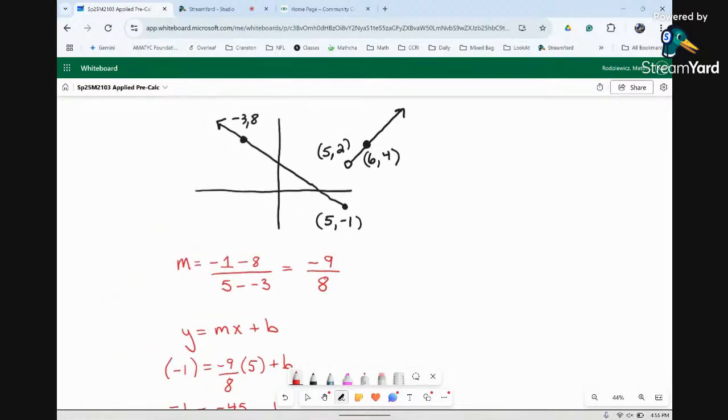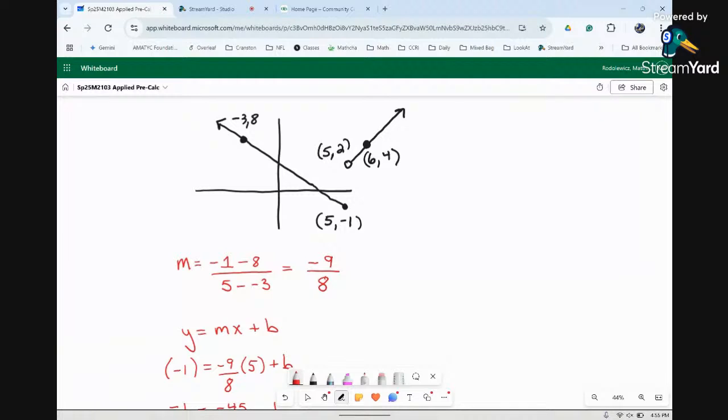I'm going to attack this line: y2 minus y1 over x2 minus x1 makes negative 9/8.